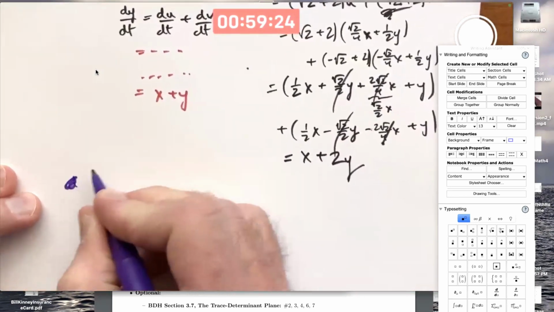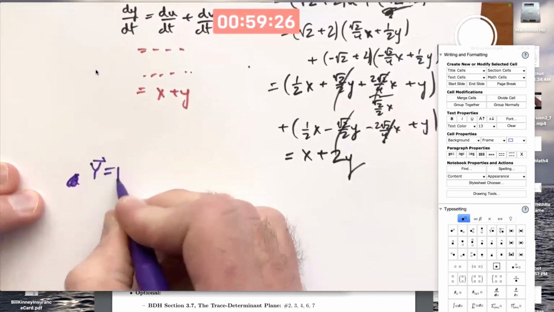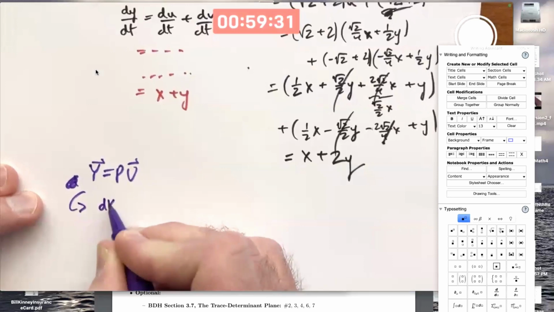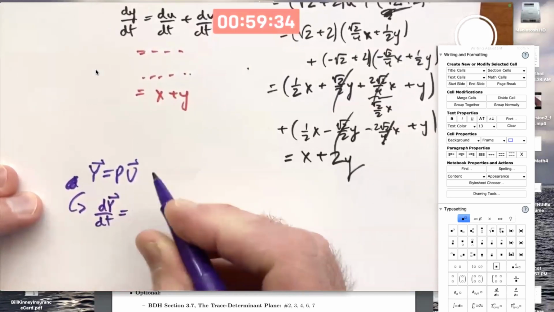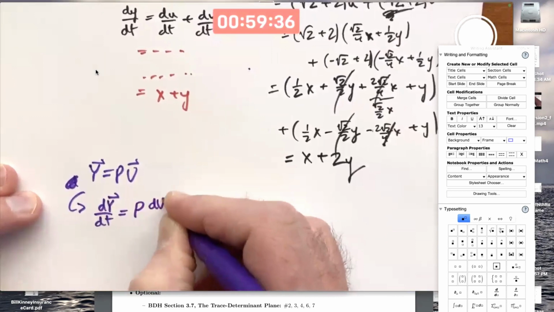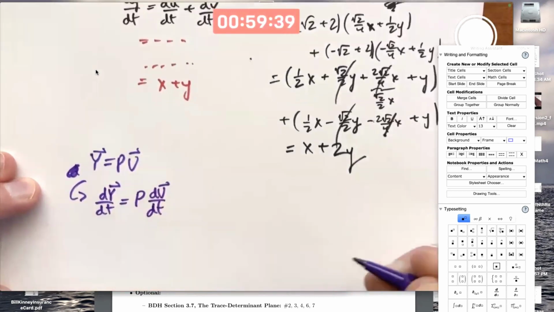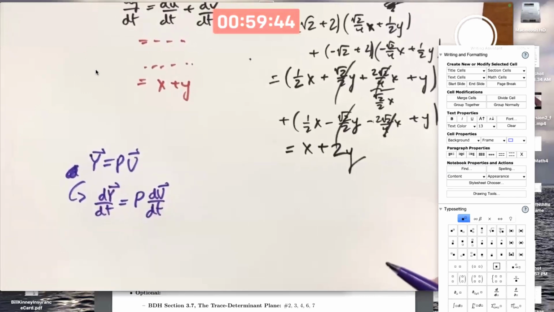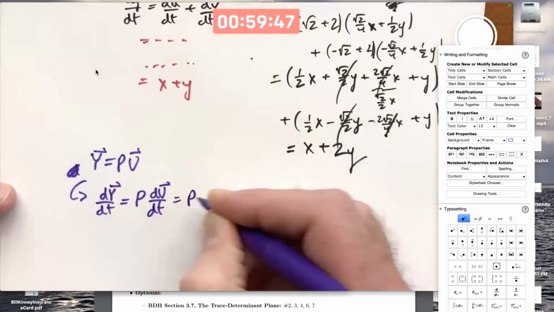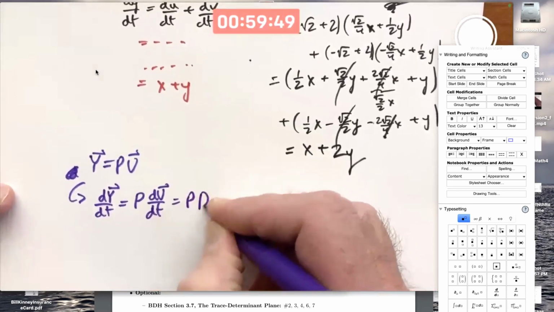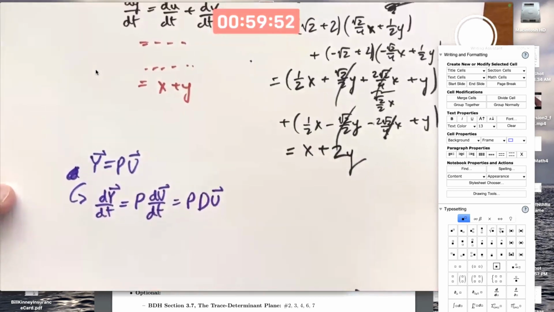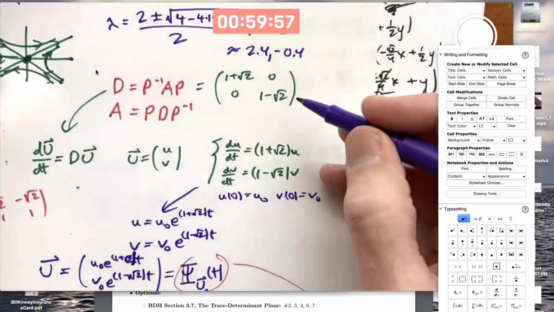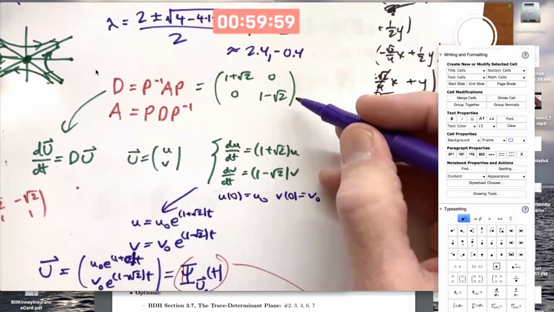I can write, since y is Pu, I can differentiate both sides with respect to t and say dy dt is P times du dt. P is a constant matrix. Du dt, though, is D times u, the diagonal matrix times u.